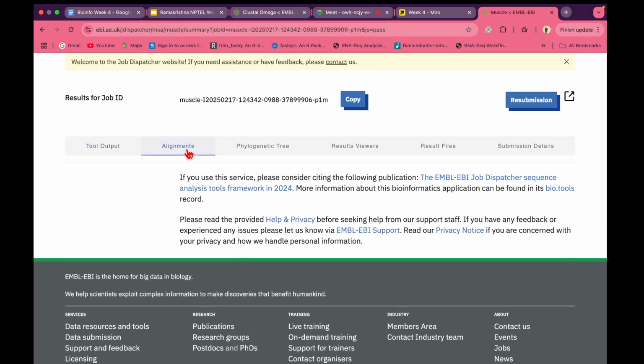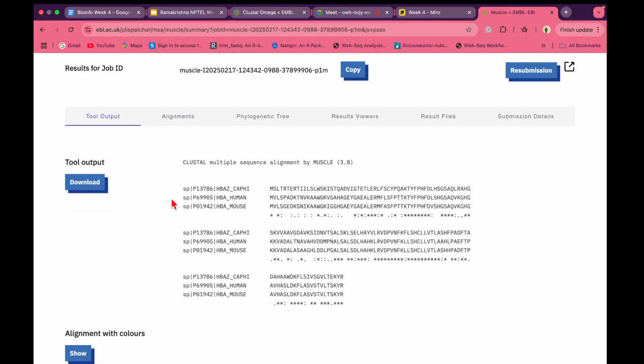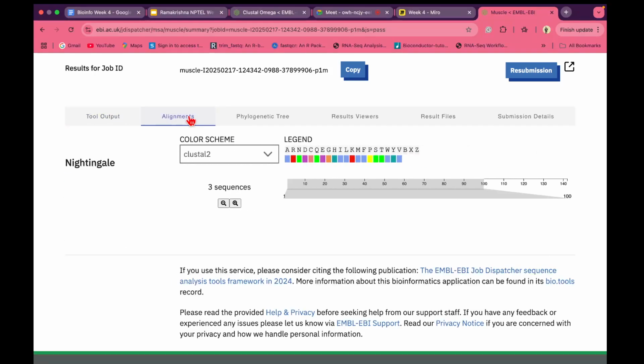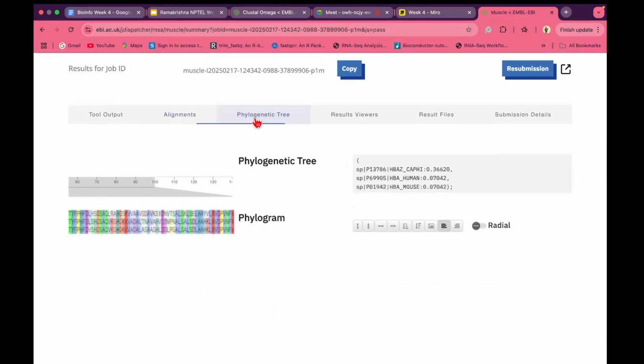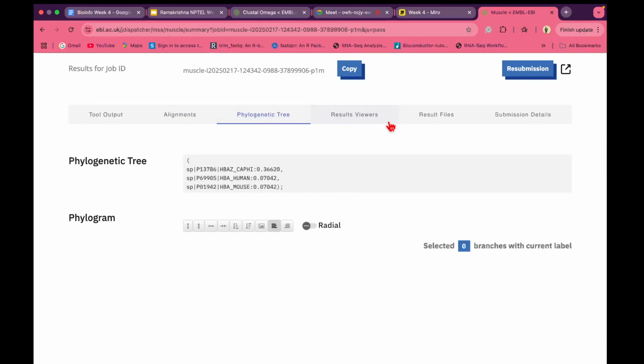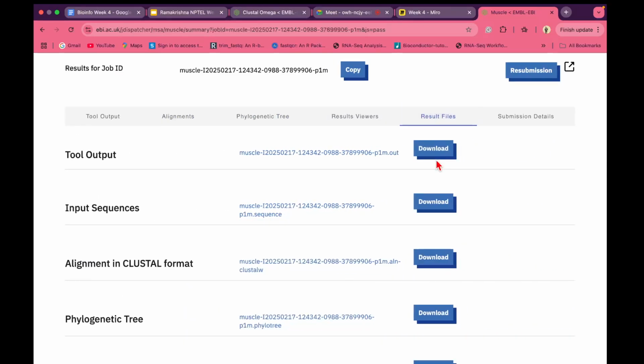Both the websites have a similar output interface, providing the multiple sequence alignment followed by color-coded alignments and a phylogenetic tree, and individual alignment files can be downloaded from here.